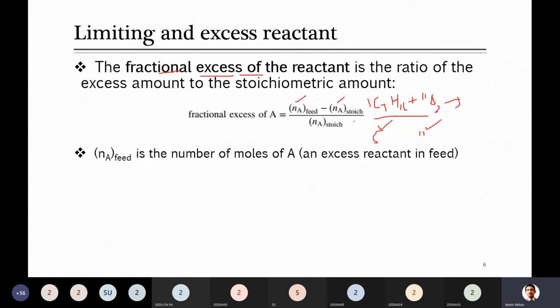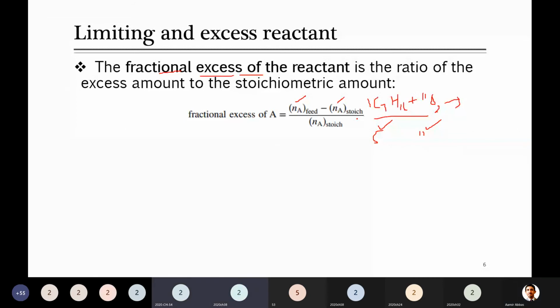Sir, please repeat this. How will we know the stoichiometric ratio? The feed is given, so is the stoichiometric ratio also given? No, you find it from the equation. When you write this balanced equation, as I mentioned a minute earlier, first of all you should write the balanced equation, as well as know the amounts.